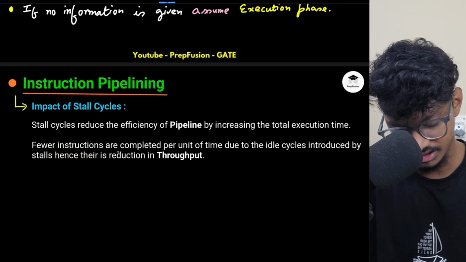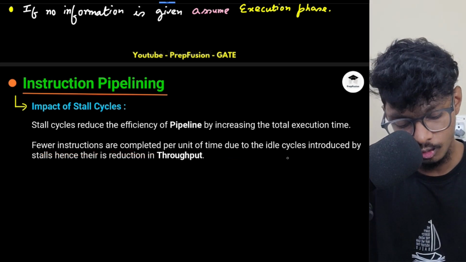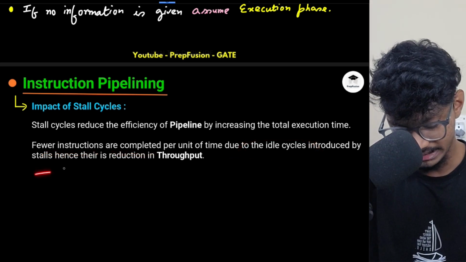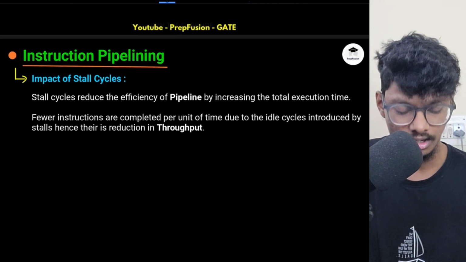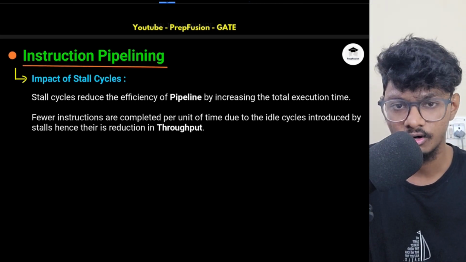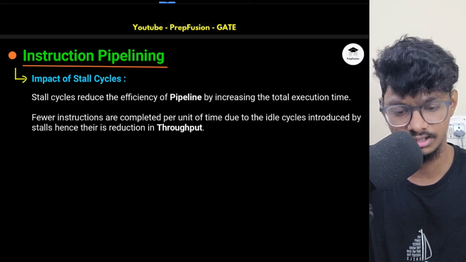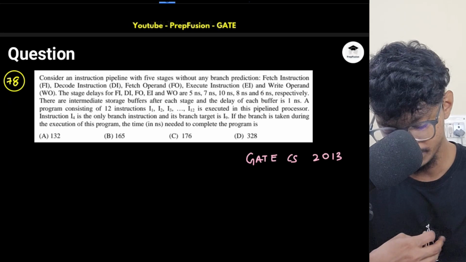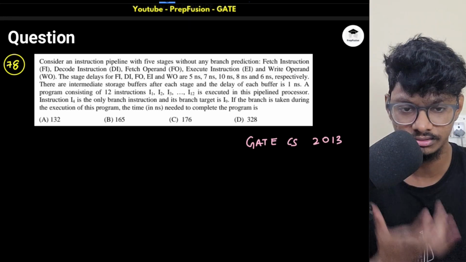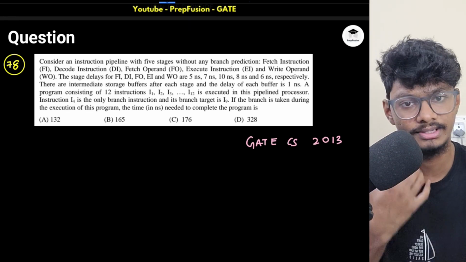Fewer instructions are completed per unit time due to idle cycles introduced by the stalls. These are the consequences of stall cycles and hazards, the disadvantages of a pipeline. We'll solve this question so the concept of stall cycles becomes clearer.